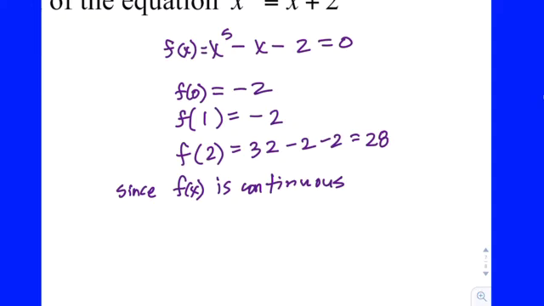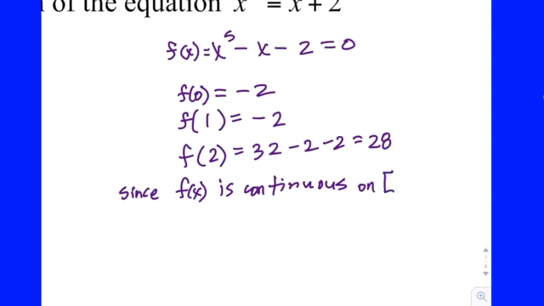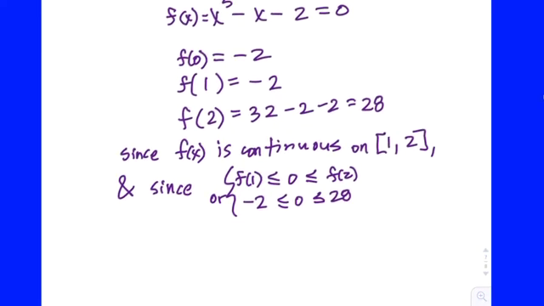So because I'm going to use x equals 1 and 2, I'm going to say since f of x is continuous on the closed interval from 1 to 2, comma, and since, just like with the limits, we can use the numbers. You can either say f of 1 is less than or equal to 0 is less than or equal to f of 2. Or you could use the actual numbers: -2 is less than or equal to 0, which is less than or equal to 28. So either one of those, because you have it labeled up above.